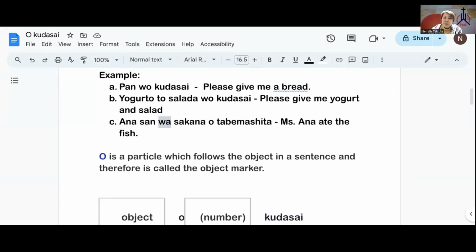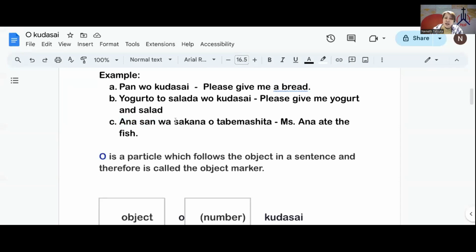Again, the particle wa, I gave this to you already. Particle wa is our subject marker, and usually the wa is after the subject. So Anna-san is our topic because it is followed by the particle wa. And wa here identifies our topic, Anna-san, Miss Anna.